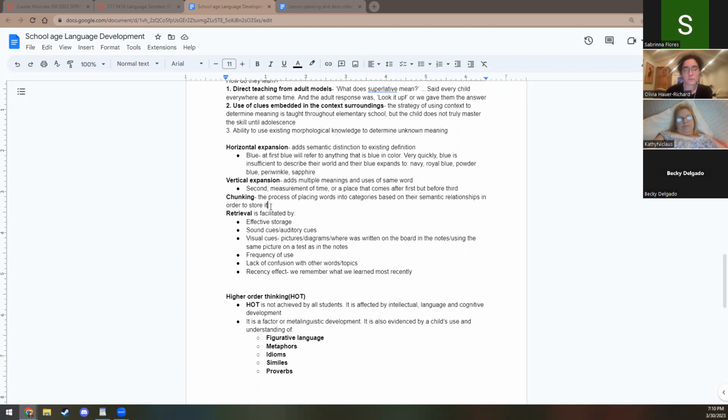And then retrieval: how you retrieve words is by sound cues or auditory cues, visual cues, and frequency of use. Effective storage is what we remember and what we learned most recently. And then higher order thinking, or HOT. It's not achieved by all students.